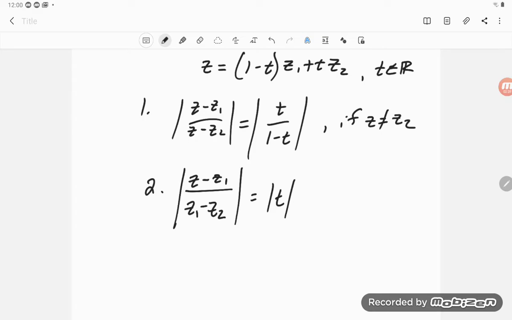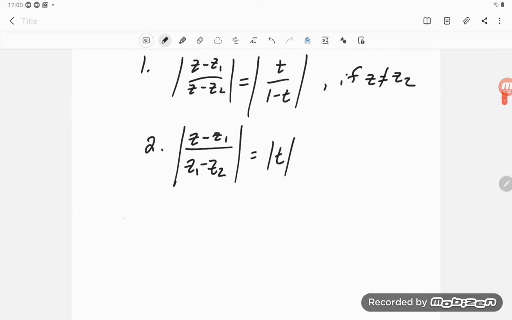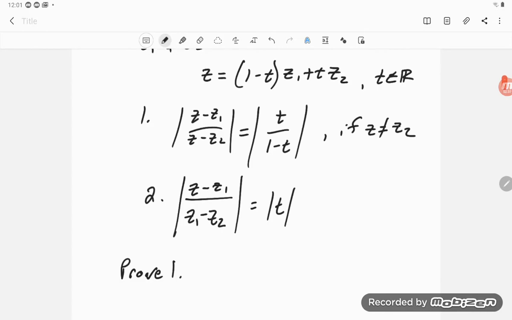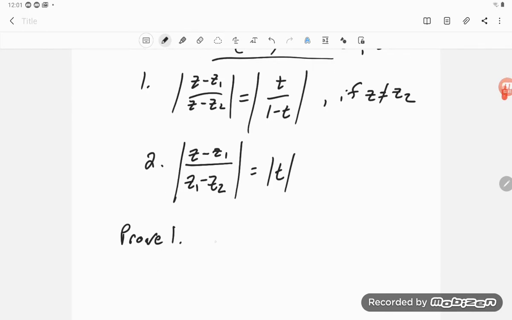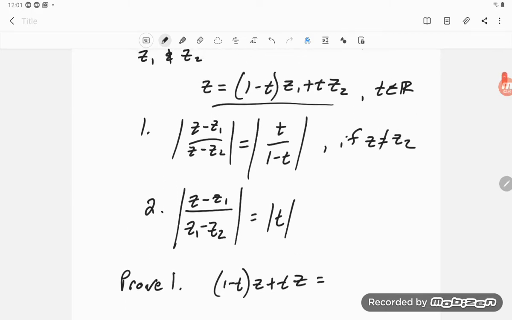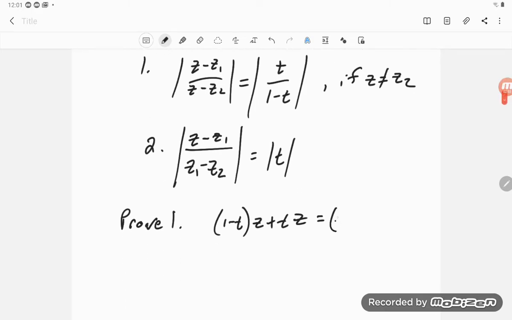So it seems to me if I'm going to prove 1, what I'm going to start with is that, and then I'm going to write that as (1 minus t) times z plus t times z is equal to (1 minus t) z1 plus t z2.